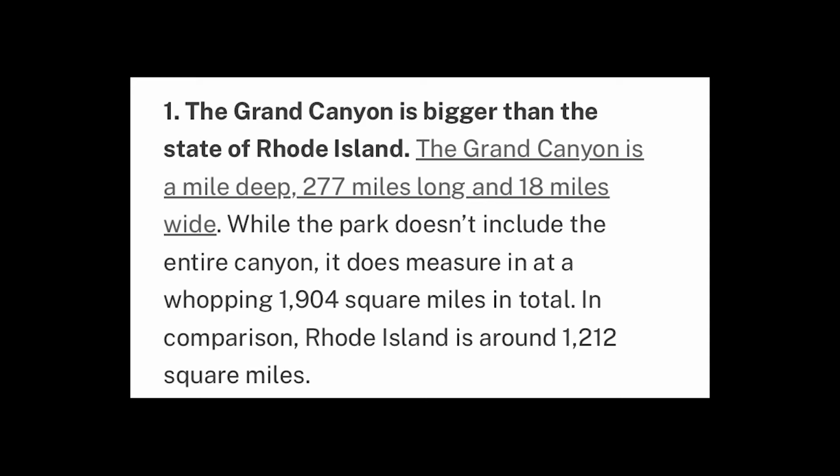While the park doesn't include the entire canyon, it does measure in at a whopping 1,904 square miles in total. In comparison, Rhode Island is around 1,212 square miles. Now pay attention to where it says it is 277 miles long, 18 miles wide, and a mile deep. Wow. That's huge. But it gets deeper.